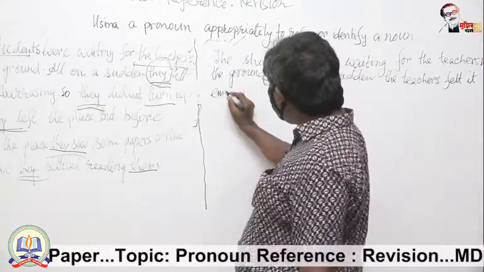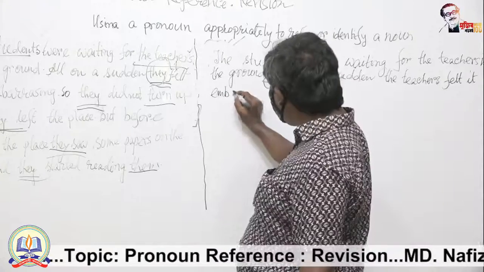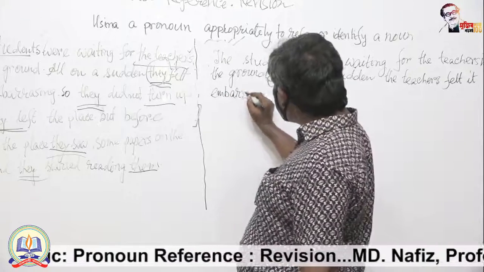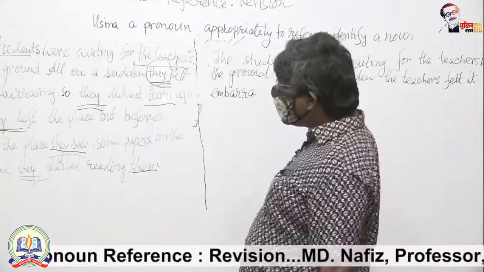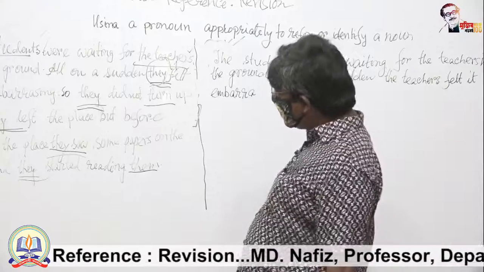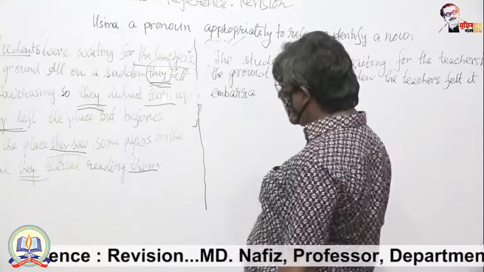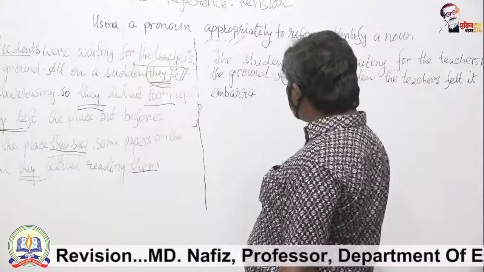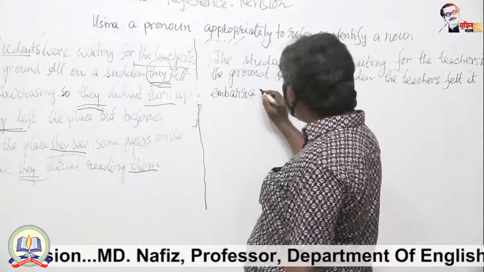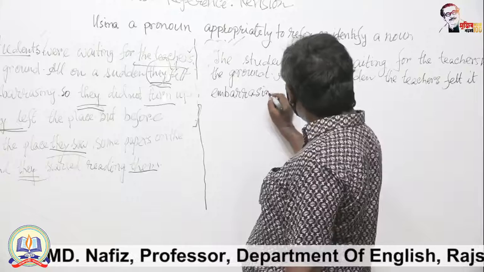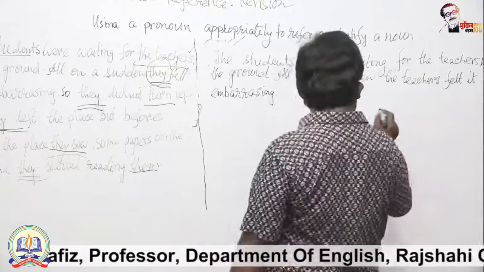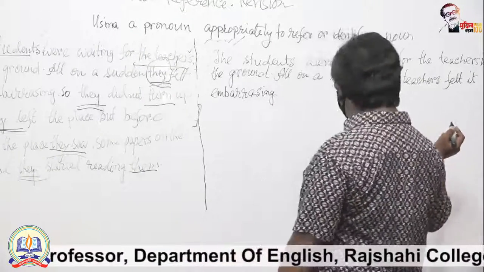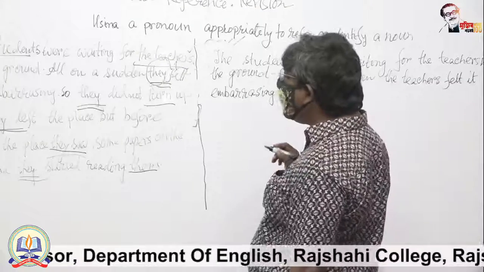We will not change it, as we do not get a suitable noun in the previous sentence to replace it. Embarrassing. All of a sudden the teachers felt it embarrassing.